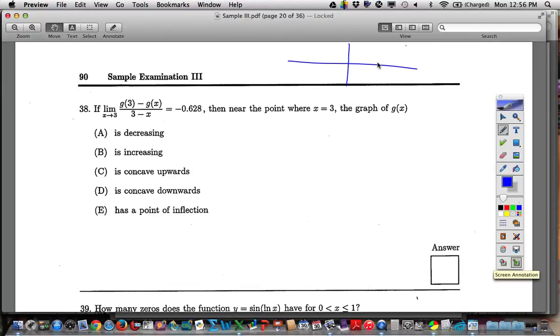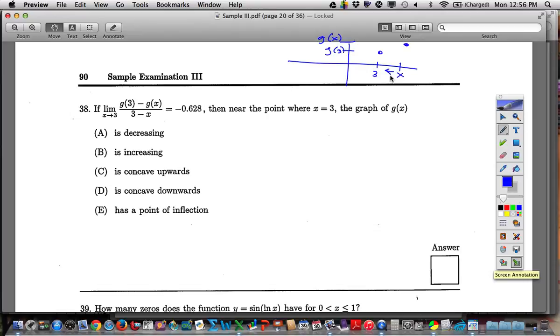But if I did a g graph here and I made this be 3 and made this be x, then this point would be g of 3, and this point up here would be g of x. And so the slope would be g of 3 minus g of x, divided by 3 minus x. That'd be the slope. And then as x approaches 3, the 2 points would become 1. So that is the derivative.